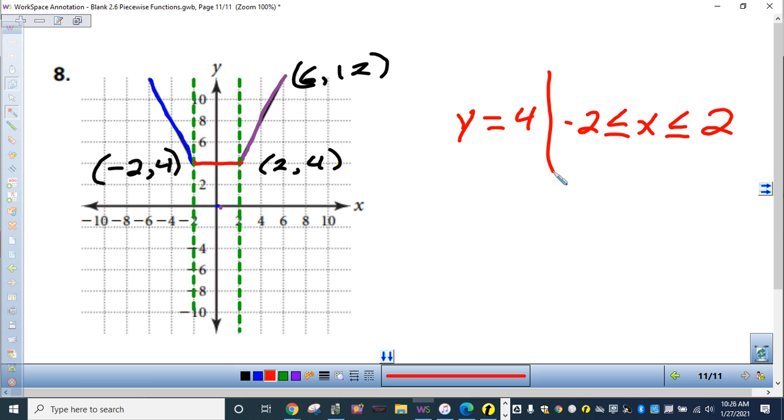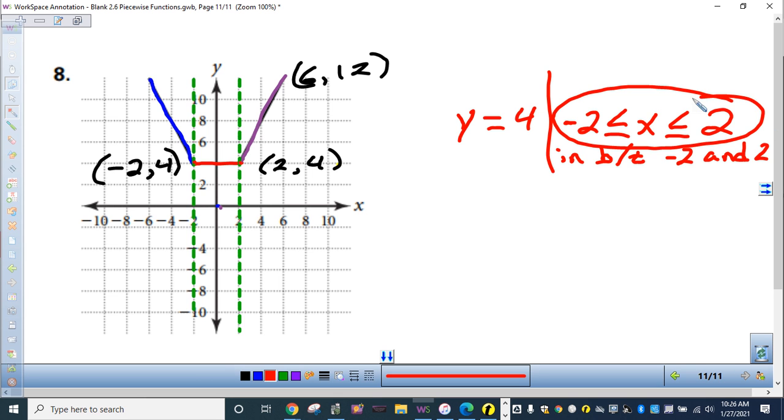The first part is the equation, the second part is only the part of that line we graph. And this is how you show in between -2 and +2. That's a good idea to write. This part right here means in between -2 and +2. Okay?